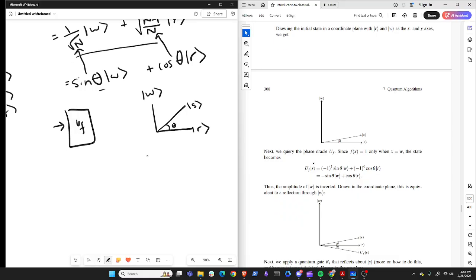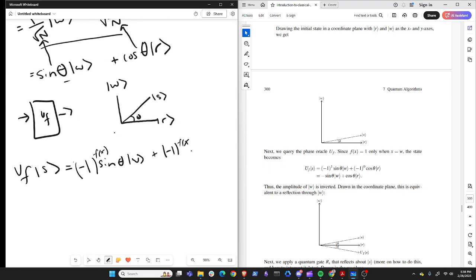So we query this phase oracle. We know that there'll be a phase kickback, so we wind up with U sub f of S equal to minus 1 to the f of x, sine theta state W, plus minus 1 to the f of x, cosine theta state r. Where f of x equals 1 only when x equals w.